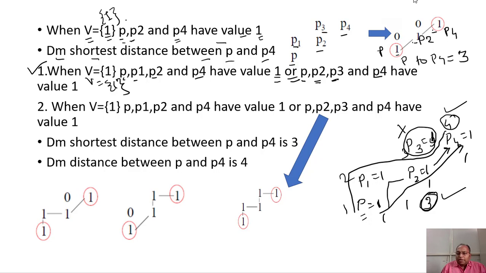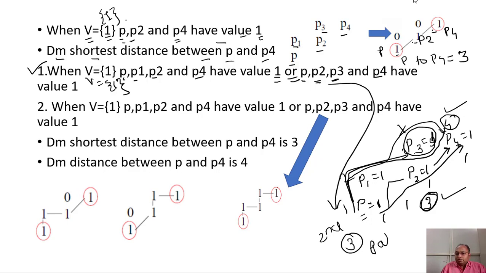Then we can either traverse in this manner, or we can go in this manner. So P1, P3 and P4, that is also a third path. So a total of 3 paths will be available for the second condition. That means multiple paths are available, so we can reach from a particular pixel to another pixel with multiple paths, right?